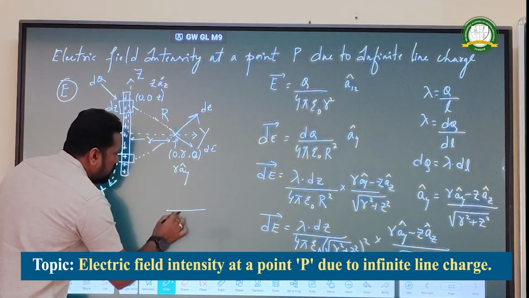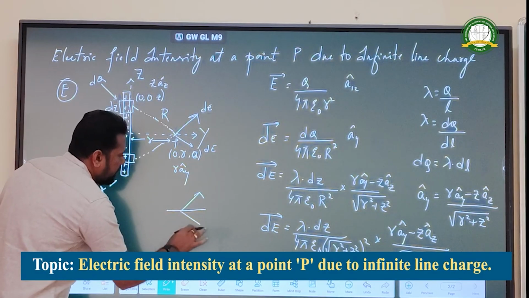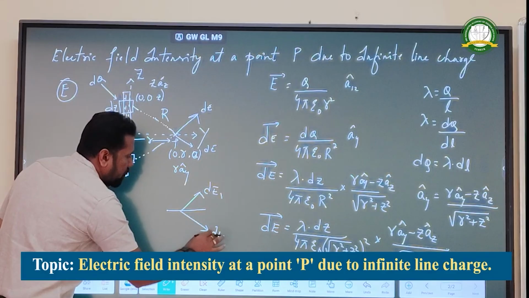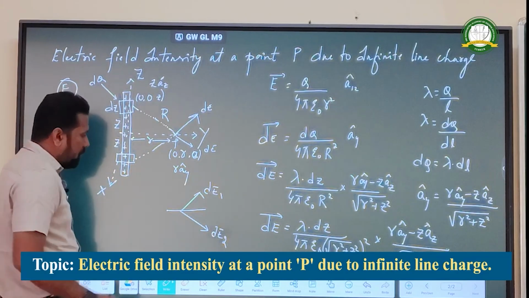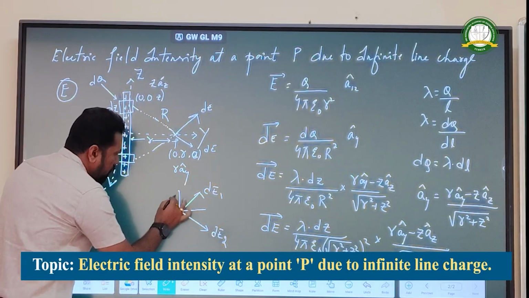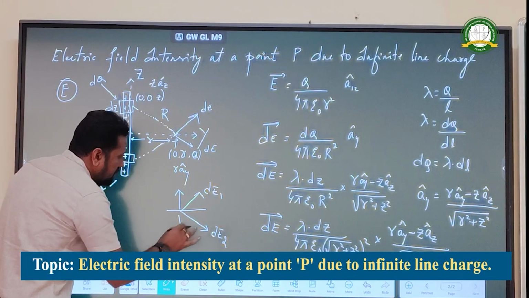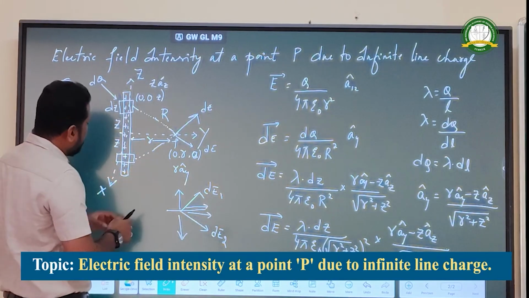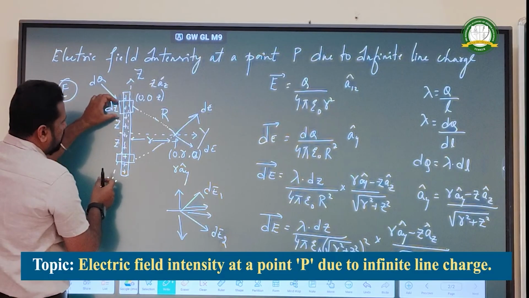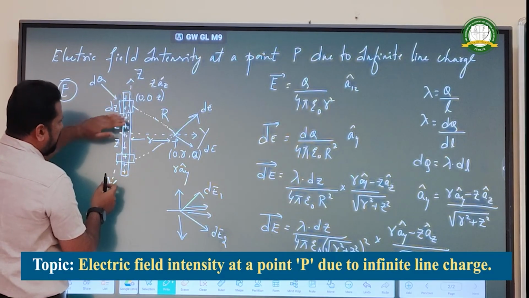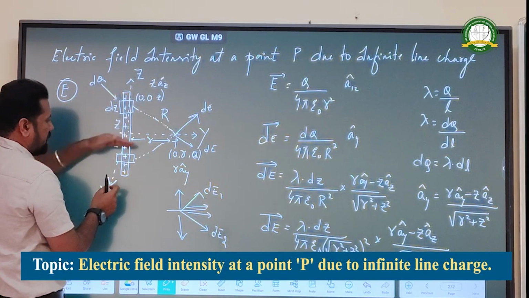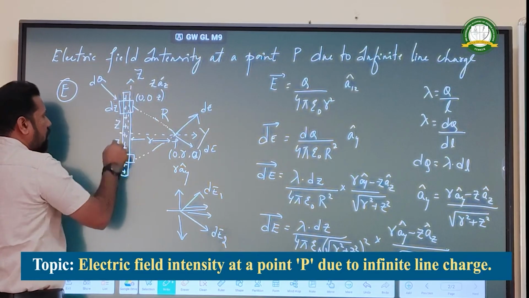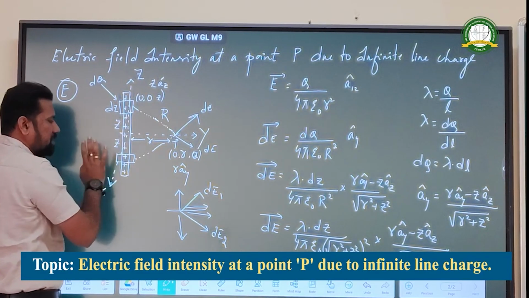So these two differential electric fields, let us say dE1 and dE2, can be decomposed into vertical as well as horizontal components. Here we have considered the small differential segment dz on the positive side as well as the negative side, and the distance from origin to the small differential segments remains the same.